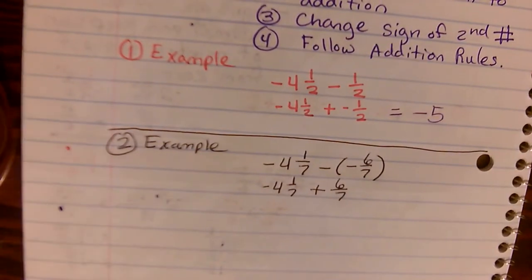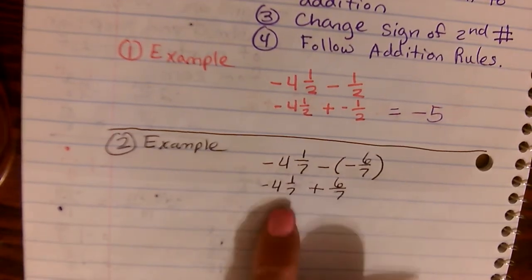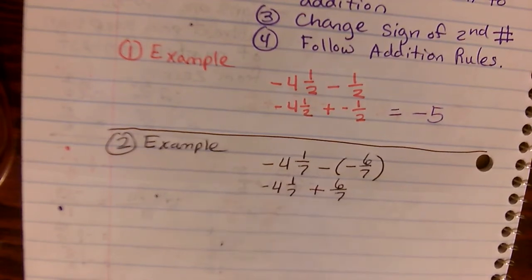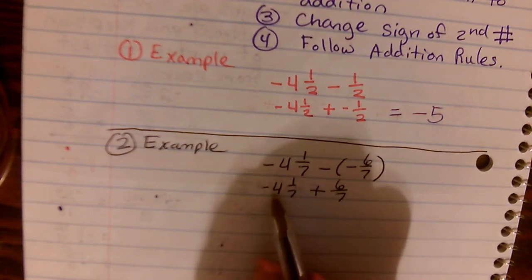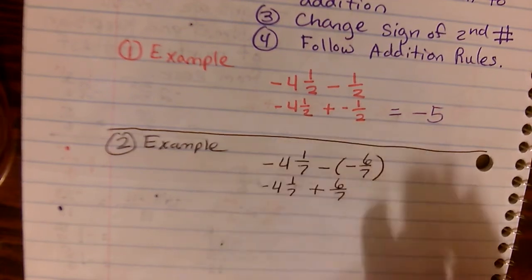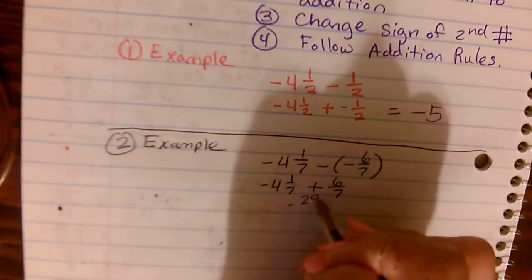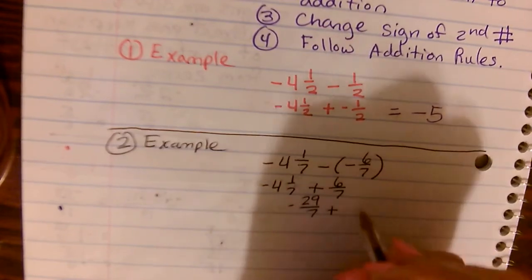Now the signs are different, so we subtract and take the sign. I'm going to have to borrow, so let's make the mixed number an improper fraction. 4 times 7 is 28, plus 1 is 29. So now we have negative 29 over 7 plus 6/7.